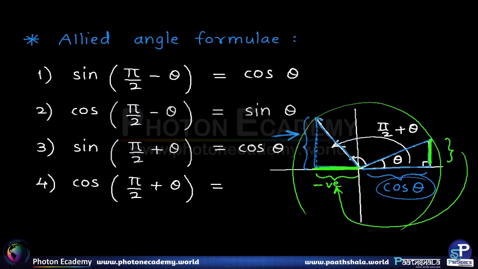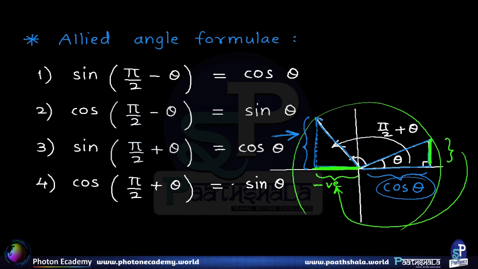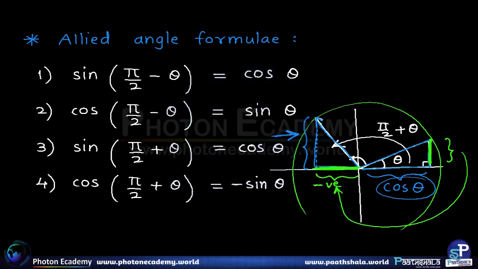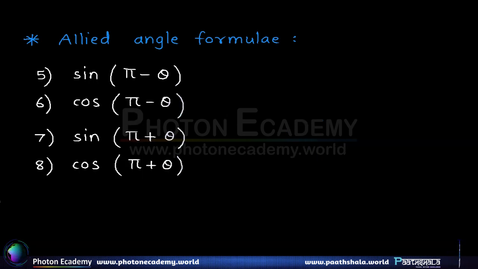So clearly it will have the same value as sine theta but opposite in sign. So that becomes minus sine theta. So in this way we derive the allied angle formulae for the angles which are attached with pi by 2, either plus or minus. So we can go on and define similar ratios for the angles which are attached with pi, that is 180 degrees also.